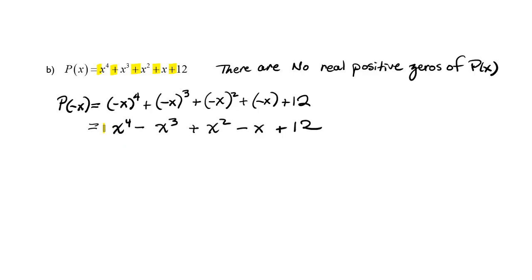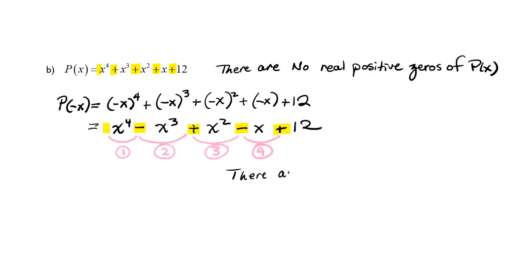If I look at how many changes in sign there are, I go from a positive to a negative, from a negative to a positive, from a positive to a negative, and then from a negative to a positive. So there are 1, 2, 3, 4 changes in sign.